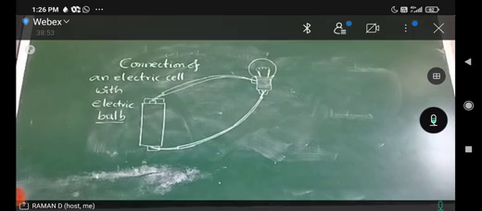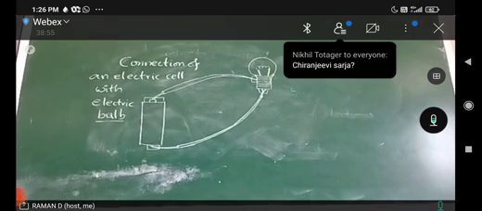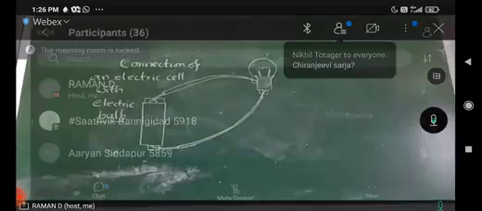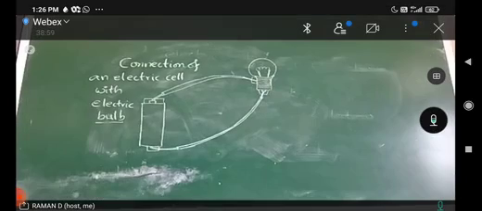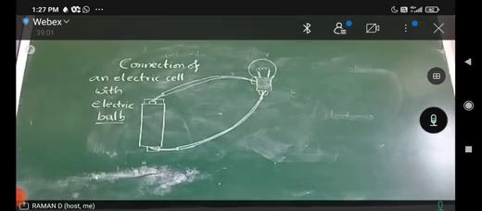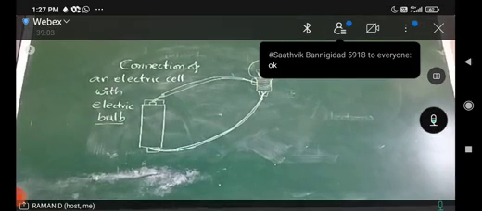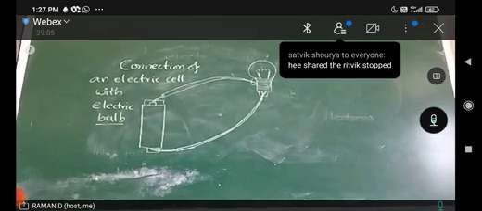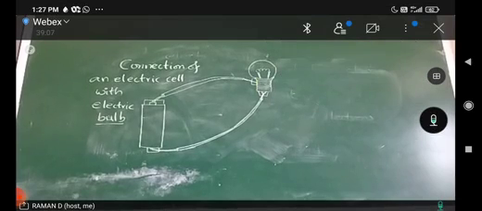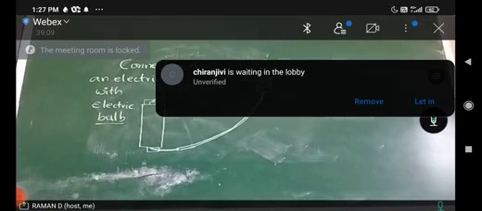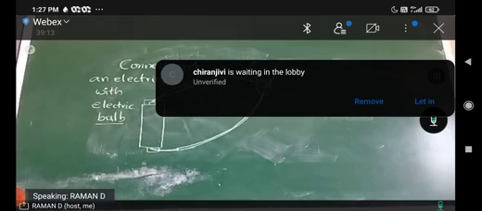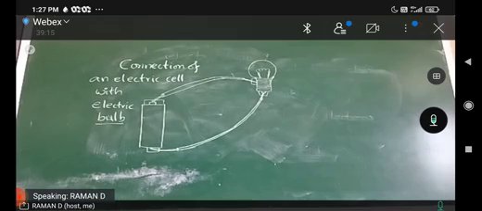See, how can we connect an electric cell with an electric bulb? I already told you the electric cell has two terminals as well as the electric bulb. You take electric cables, and at the ends of the cable you remove the plastic covering so the inner wire will be opened out.